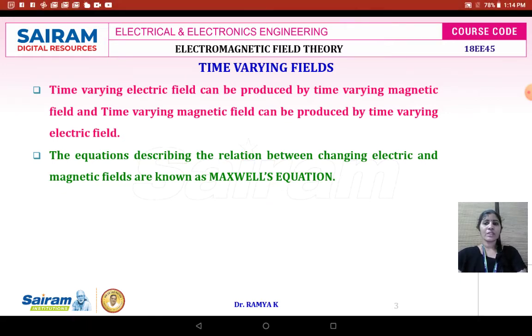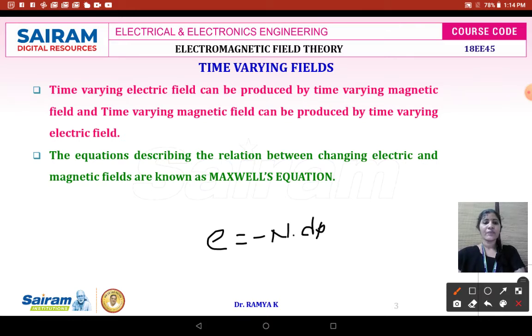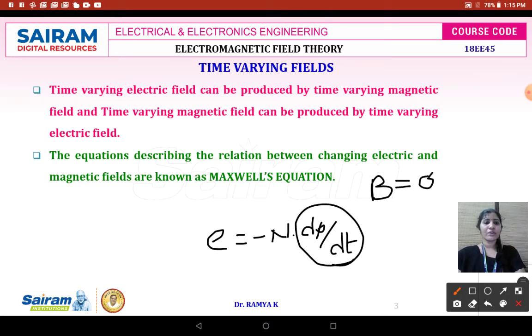When you consider Faraday's law, E is equal to minus N into d phi divided by dt. So d phi is nothing but the flux, and d phi by dt is the rate of change of flux. When you relate the flux with the magnetic flux density, B is equal to phi divided by area.